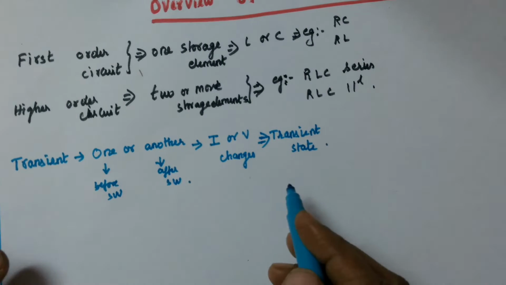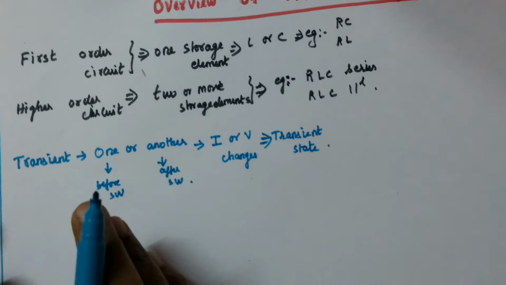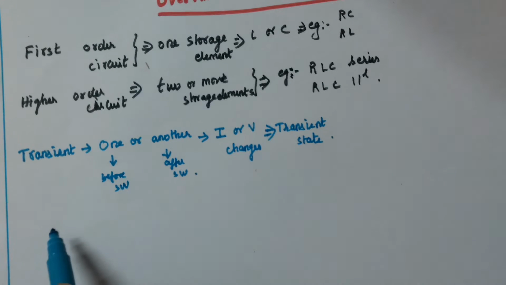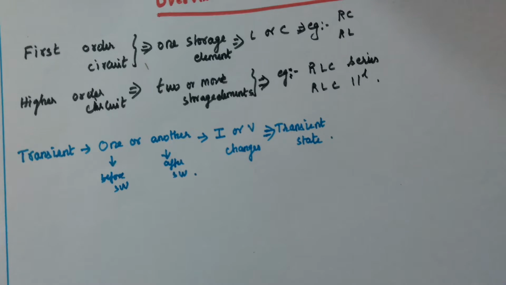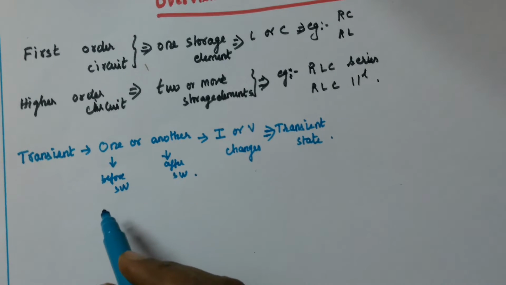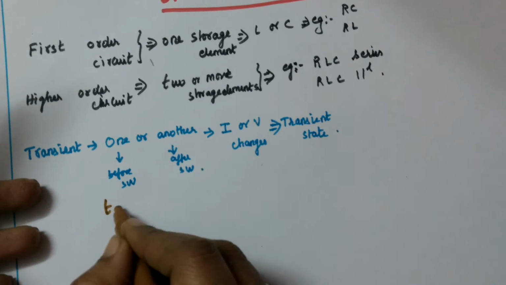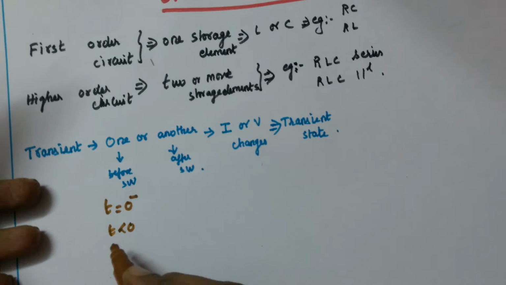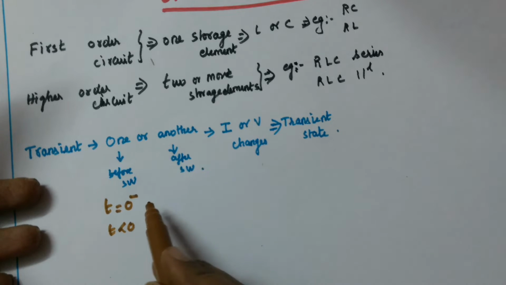After this time passes, when t tends to infinity, the circuit attains the steady state value. So there are two conditions: one is the transient state, the other is the steady state. The initial condition we define as t equal to 0 minus, or t less than 0, which is the condition prior to switching.